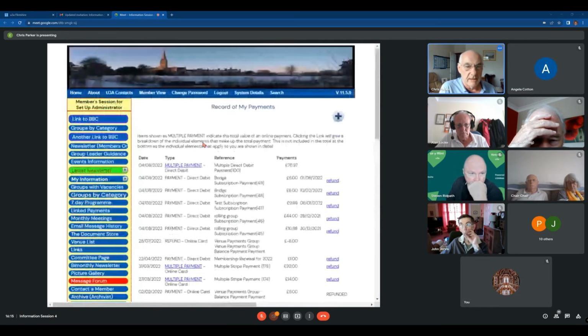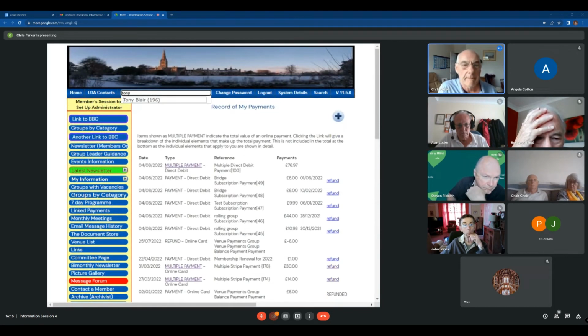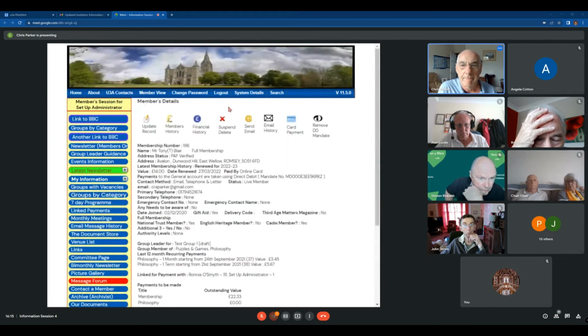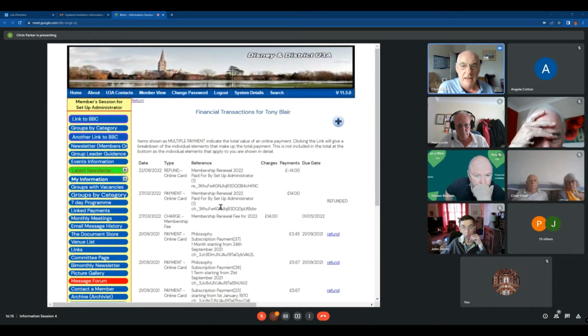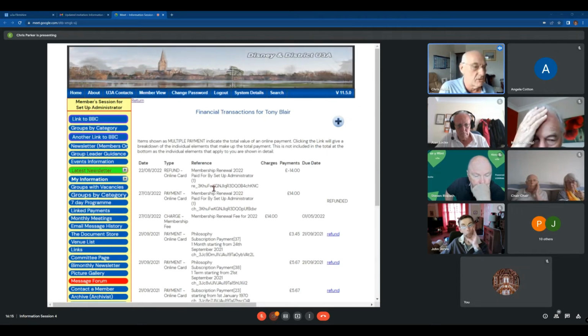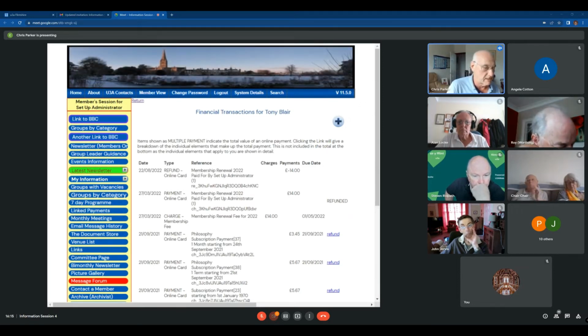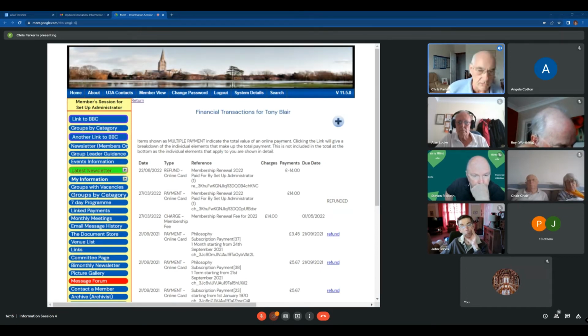So you have to go through again and find, was it Tony Blair? Financial history. Now, just by clicking on the refund, it shows refunded on the end here, and it raised the refund and has actually given Tony Blair back his £14. Obviously it's a test system, so it's not giving anybody back anything, but you've got to be careful. If you do that, it will actually put it back on their credit card.